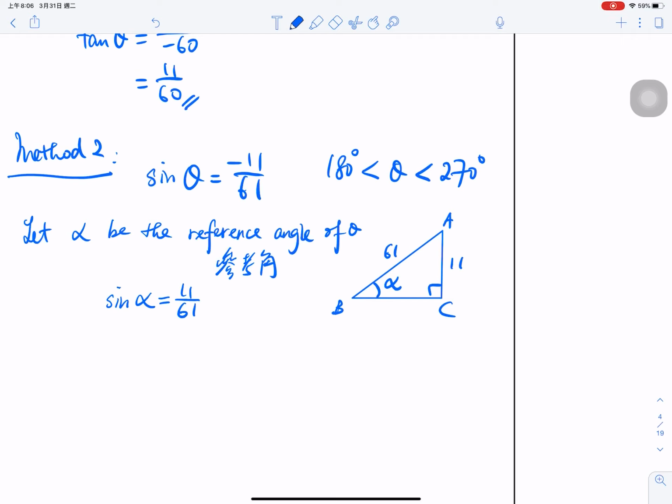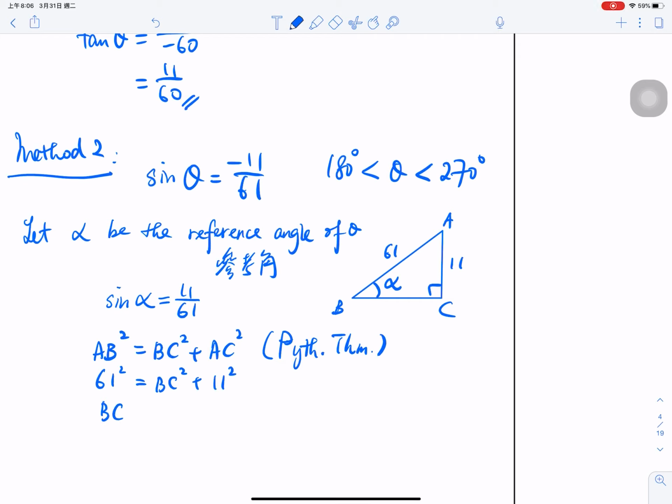Then what's next? You need to find the length of BC. So let's have a look. Now AB squared equals BC squared plus AC squared, the Pythagoras theorem.